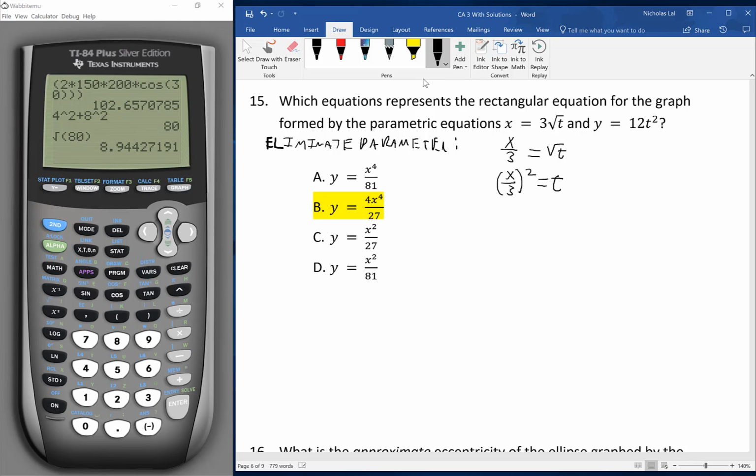Now we can plug t into the y equation. So y is equal to 12 times x over 3 squared, squared. So that's going to become y is equal to 12 times x over 3 to the 4th power.